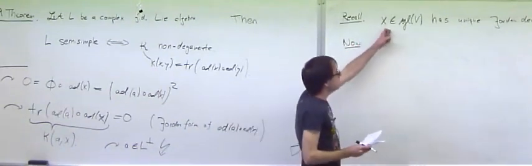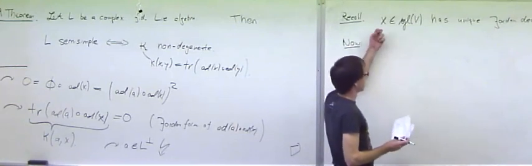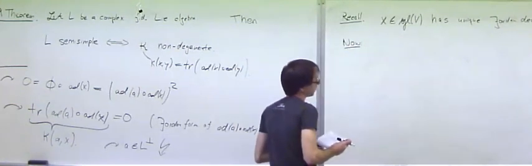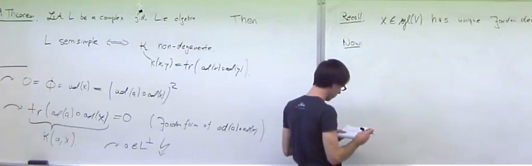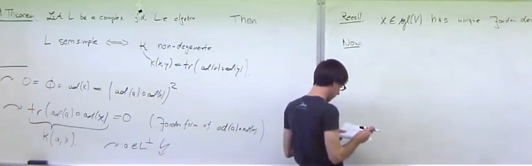But of course, this only makes sense for this Lie algebra, because we were thinking about matrices, about the Jordan canonical form for linear maps.